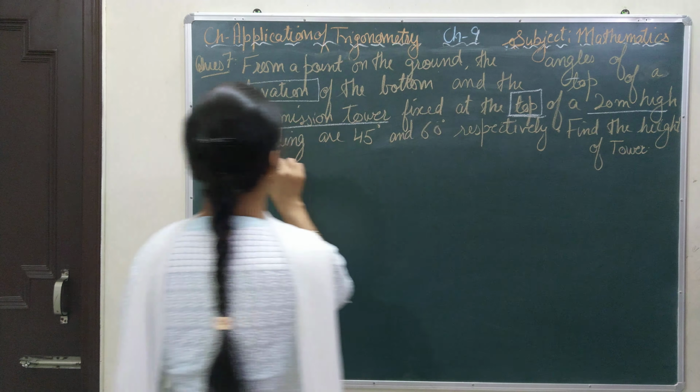So two angles are given to you. When the bottom of the tower is seen from this point, the angle formed is 45 degrees. And when the top of that tower is seen from this point, the angle of elevation formed is 60 degrees.